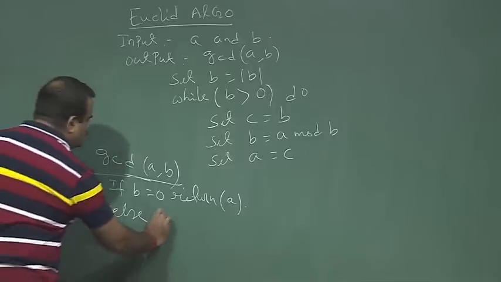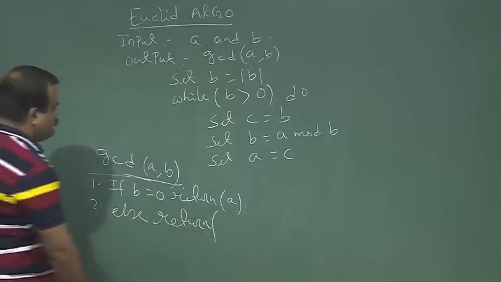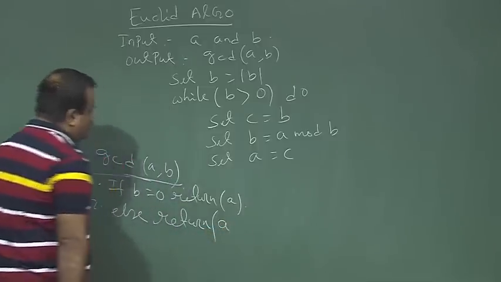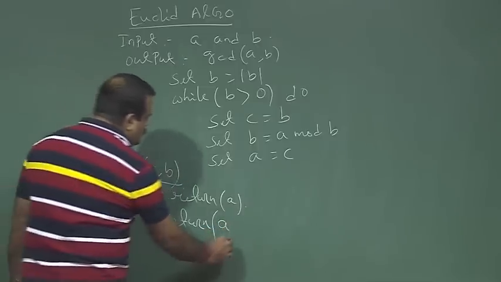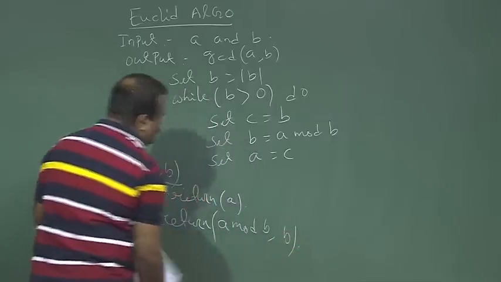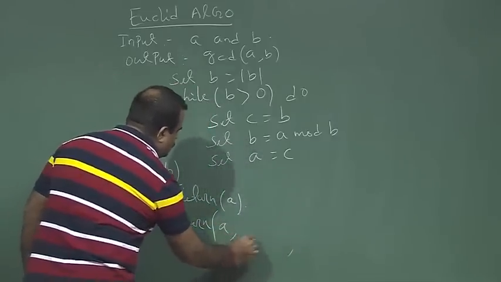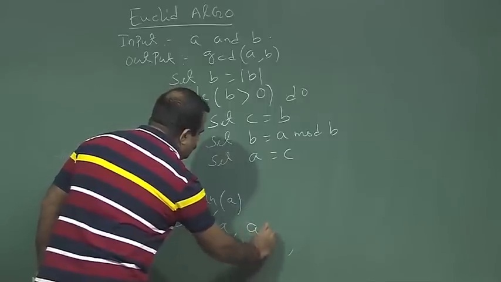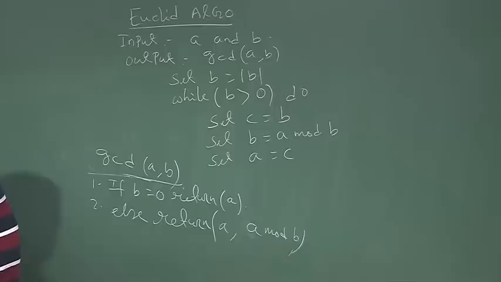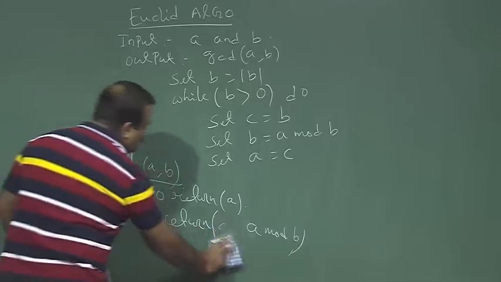We return, this is the recursive call, return b comma a mod b.